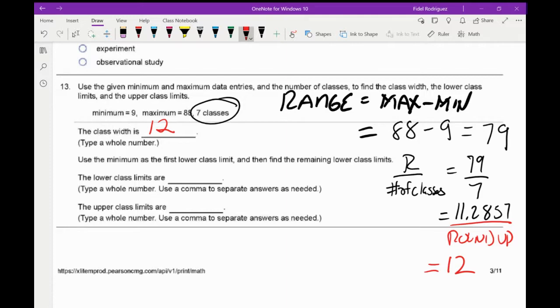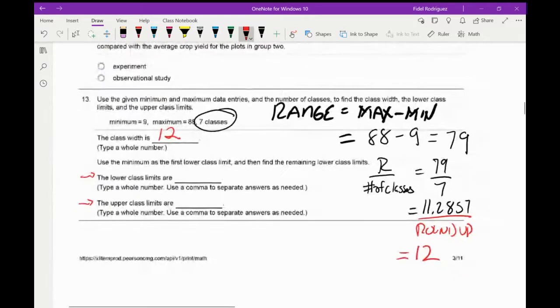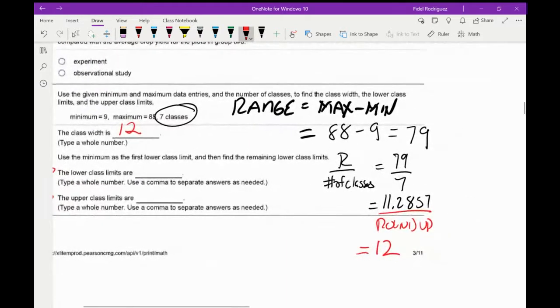Now I'm going to find my lower class limits and our upper class limits. The easier way for me to do this is, if you remember, my minimum number was 9. So I'm going to write my classes here. The first one is 9.